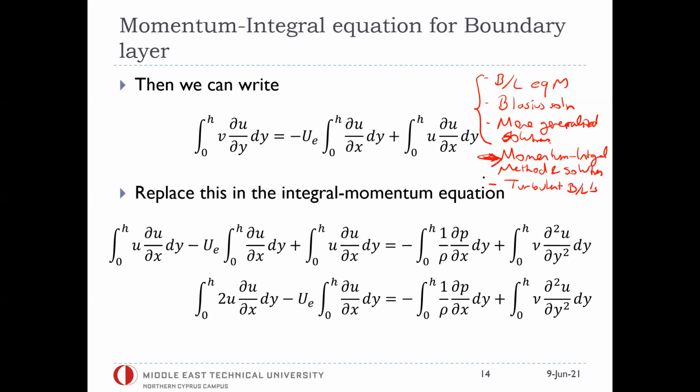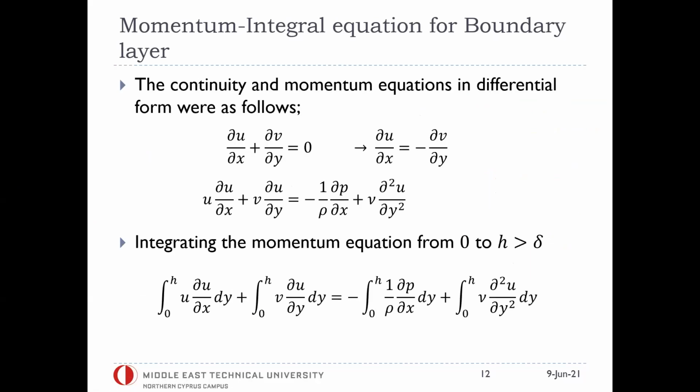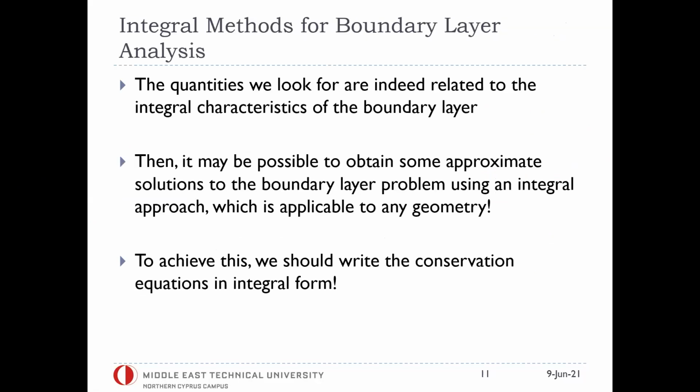We are at this stage, and actually last week we started the derivation of this, which we call the momentum integral equation. And I guess we were here, just to remind you from last week. If you go back a few slides, starting from here, what we are after is obtaining what we call integral characteristics of the boundary layer. So what are the integral characteristics?